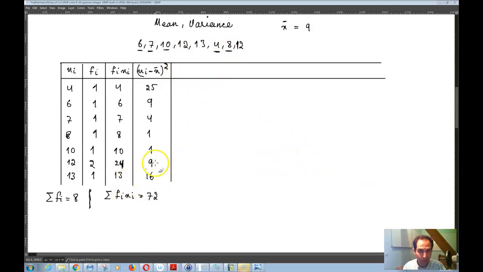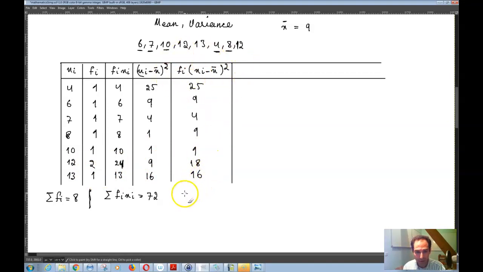Now I want to calculate f of I times x of I minus x bar whole squared. So that's 1 times 25, which is 25. 1 times 9, all of these are 1, so I just write them as they are: 4, 1, 1, and this is 2 times 9 is equal to 18, and 1 times 16 is equal to 16.